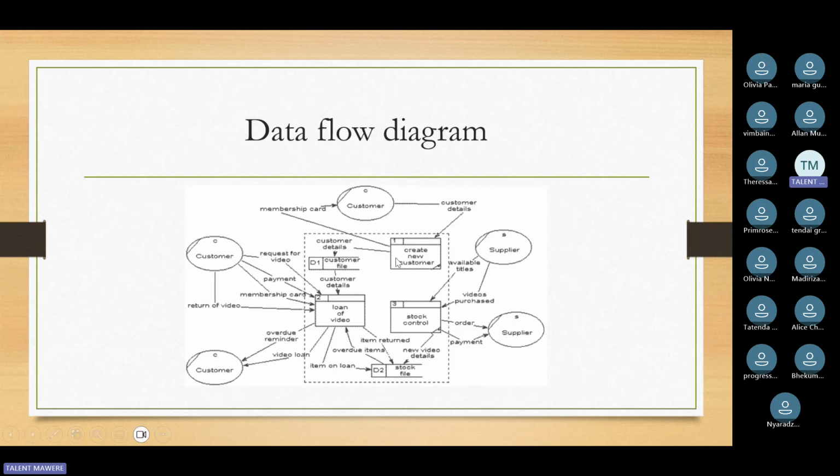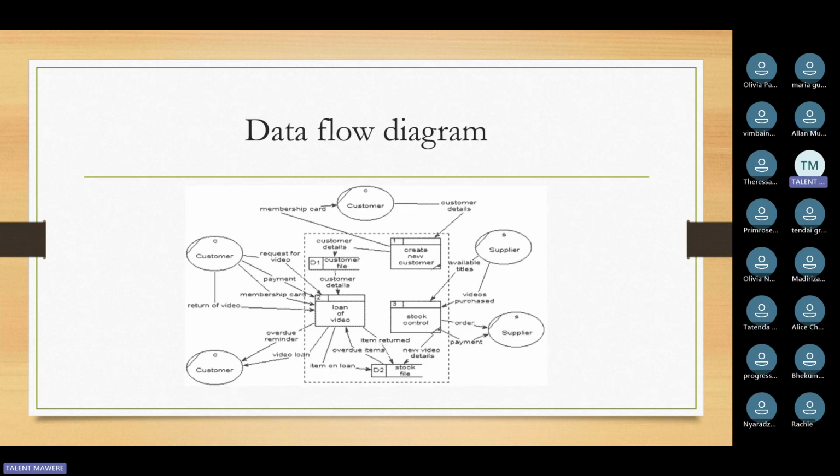This rectangle shape represents a process that is happening within a system. So we have this process of creating a new customer, and then that created customer's records are saved in the customer file.